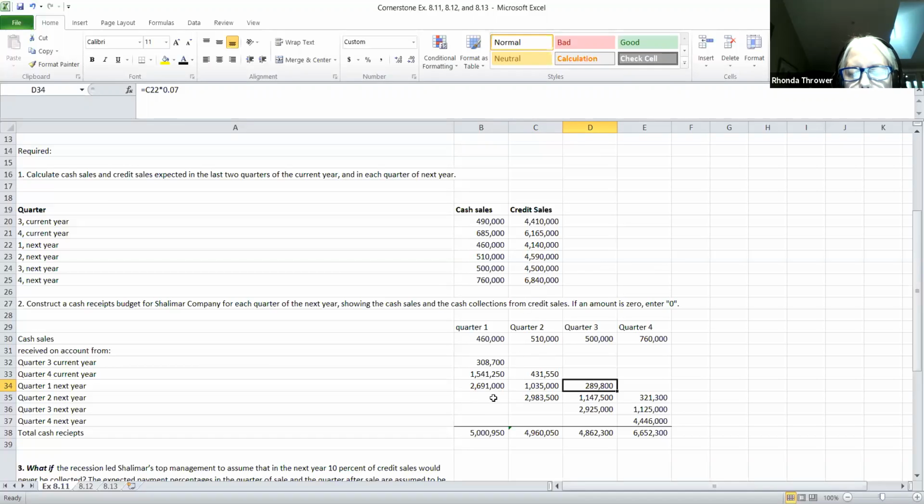So it's 65% in the period of the sale, 25% in the second quarter after the sale, and then 7% in the third quarter after the sale.